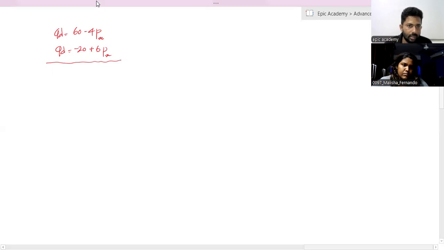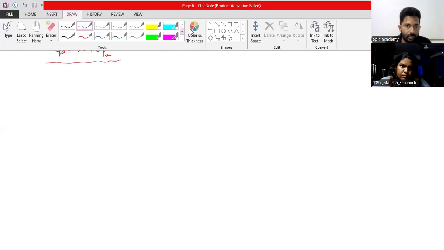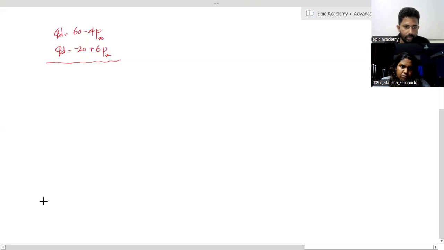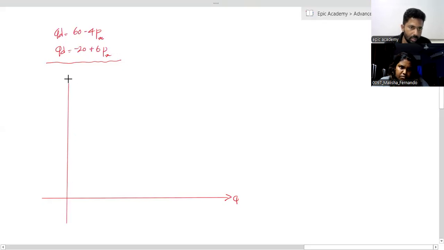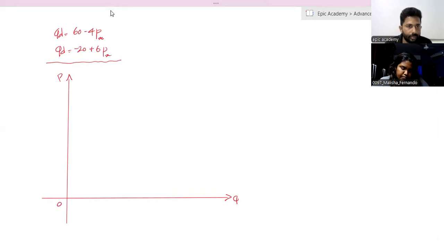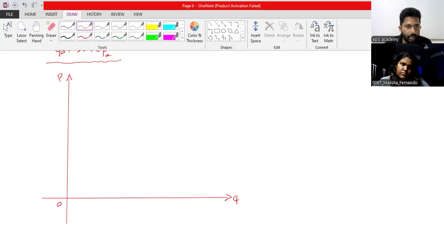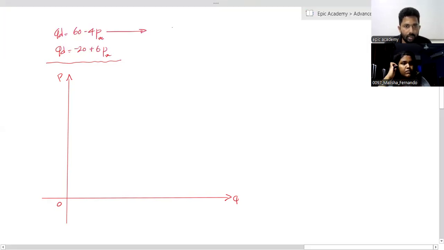Then just derive the curves for the demand equation and the supply equation. The horizontal axis always represents the quantity and the vertical axis always represents the price. And already we know that if an equation is there, we can identify the crossing points of QD and price.